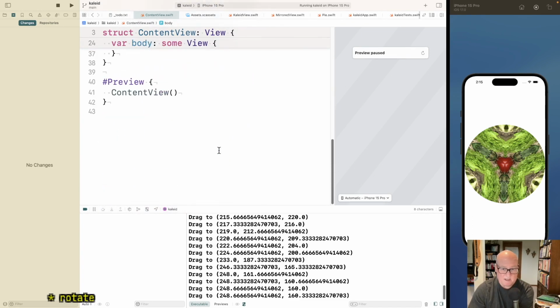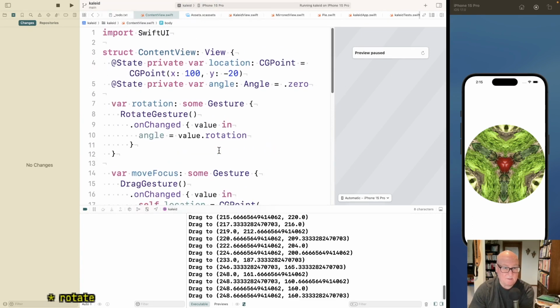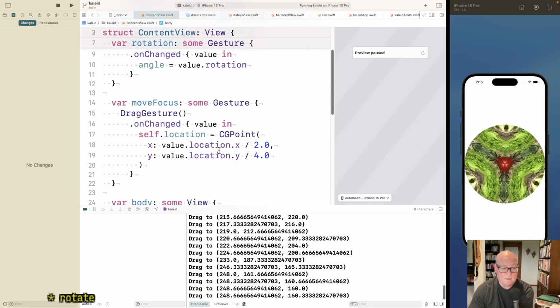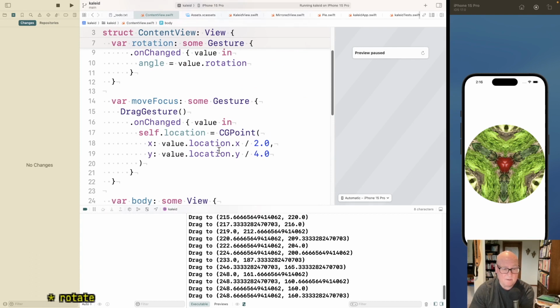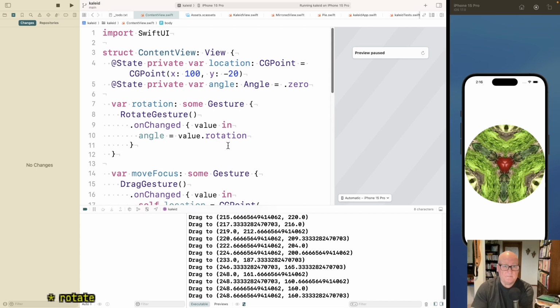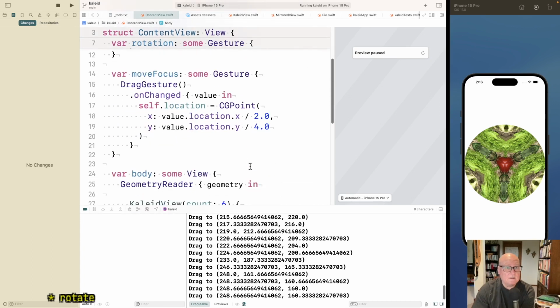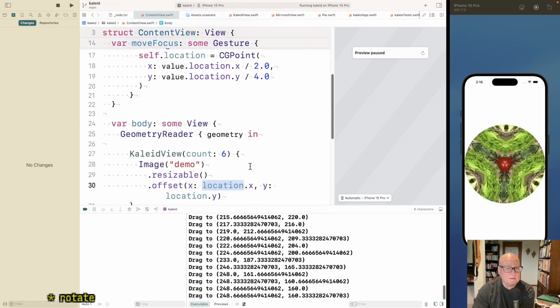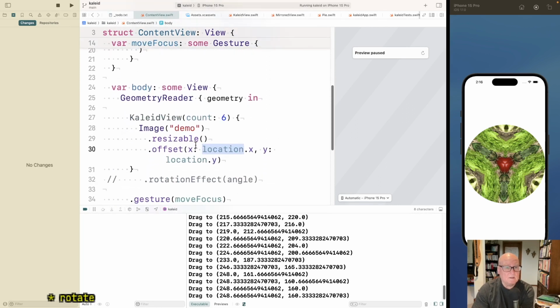I guess plus or minus the way they do it. Maybe I don't need to worry about the negatives yet. All right, but what I want is the offset to be based on the angle.